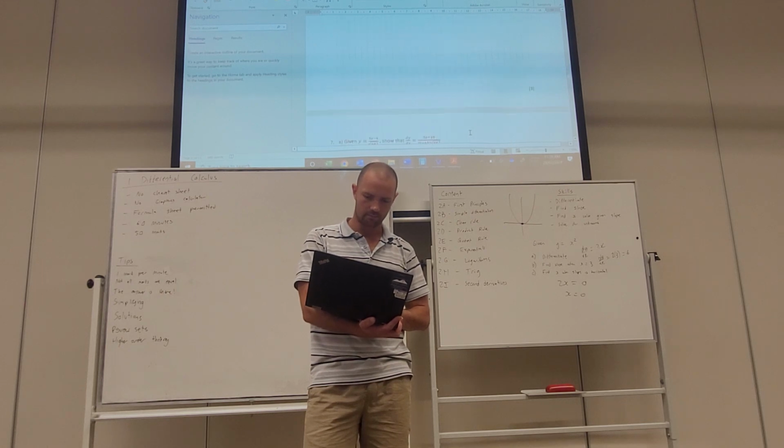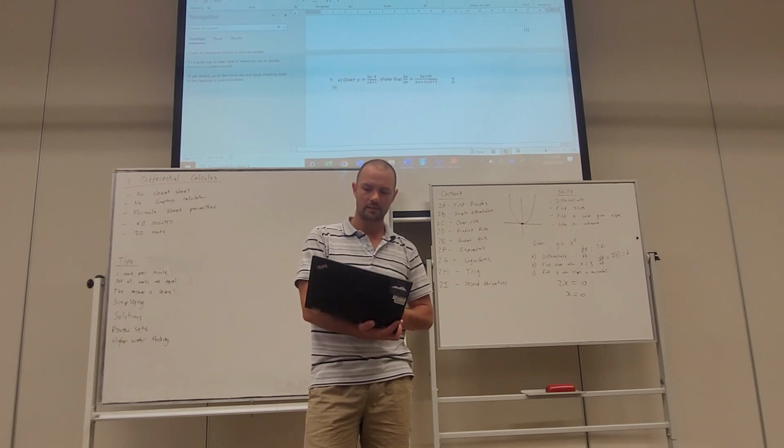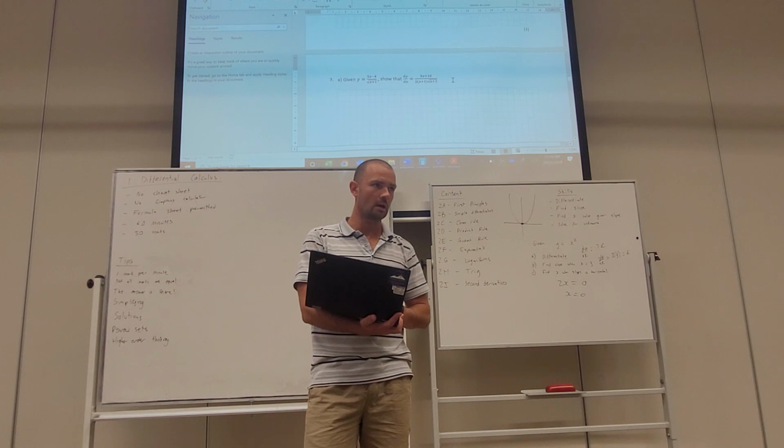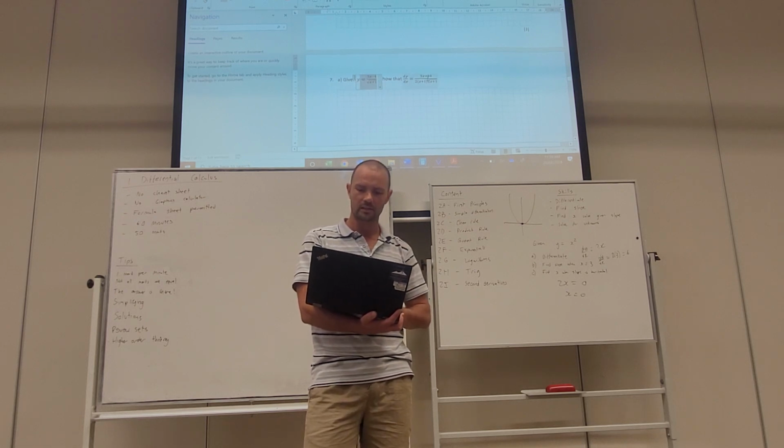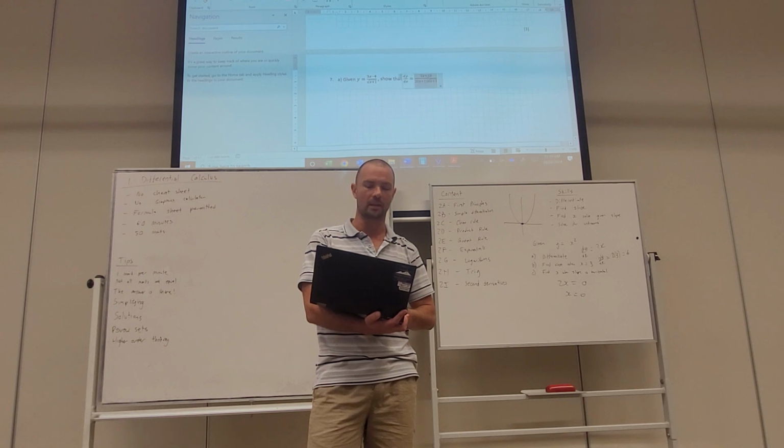Let's see, let's find one. This is the only time you're required to simplify. Given the function, show that the derivative is this one. Okay? So when you differentiate this using the quotient rule, it will be a jumbled mess and you need to perform the algebraic manipulation such that it matches up with what you've got here.